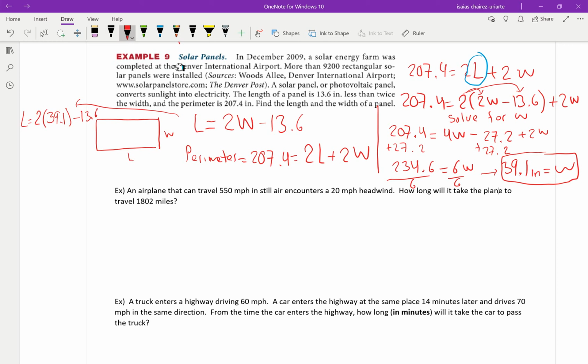If you punch that into your calculator, I end up with 64.6 inches. So that's the length of my photovoltaic cell, and this is the width of it.